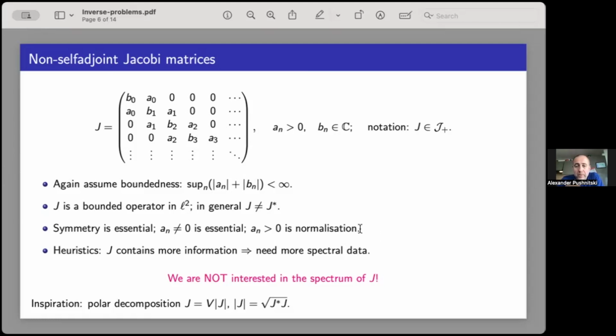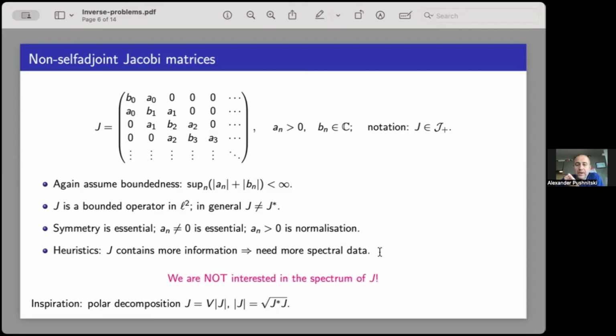Okay, and so now we want to do inverse spectral theory with this class of Jacobi matrices. Heuristically, because we allowed B_n to be complex, we have more data in this matrix J. And so if we want to describe it through some spectral properties, we need more information, more spectral parameters.